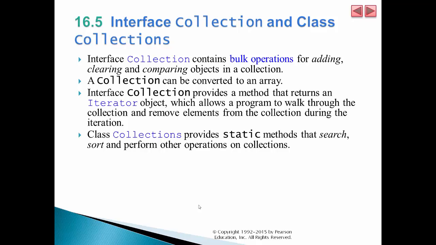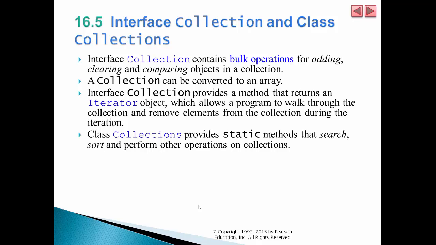And collection normally provides such an iterator. For each collection, you might generate an iterator which knows how to walk through the collection. So Collections in the plural form is a helper class which provides you a bunch of static methods for searching and sorting or doing other operations on collections.